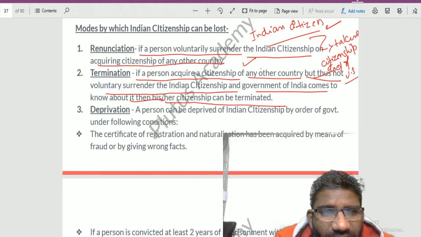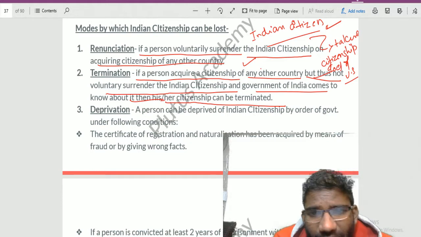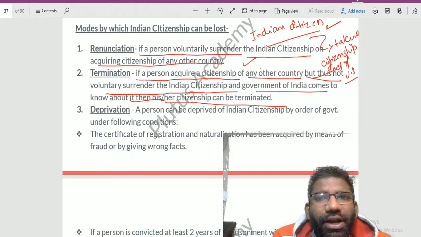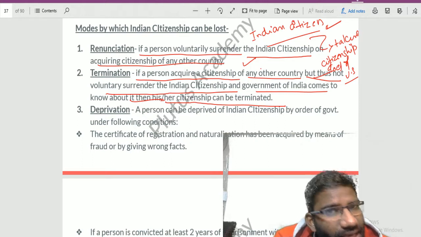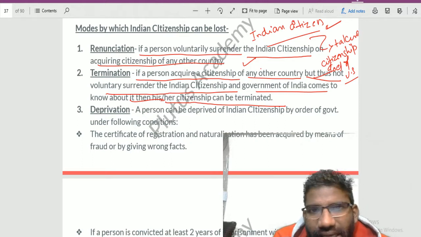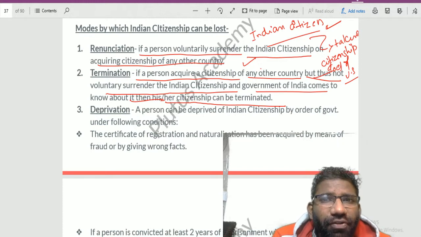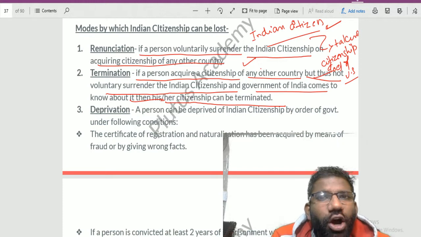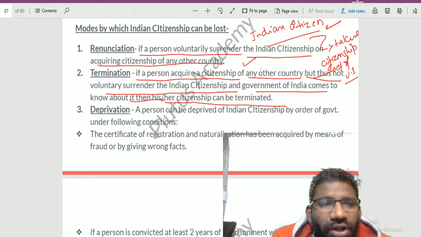Termination is a process where a person acquires citizenship of a foreign country, and at the same time, he is not informing our country that he has acquired it. It is violating the norms of the Indian Constitution. So the Government of India has every power to terminate his Indian citizenship.